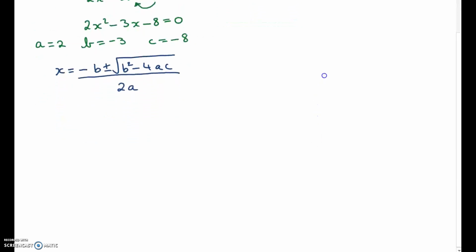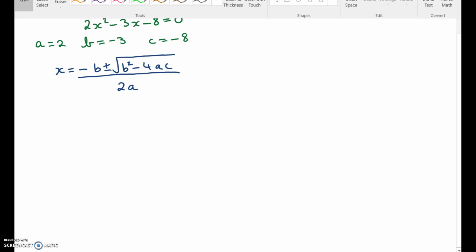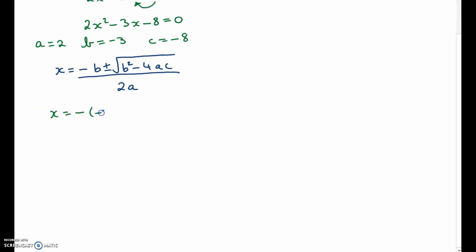Okay, so let's fill that in. It's going to be x is equal to minus negative 3, and this is why, when b has a negative sign, parentheses are so important. You'll get away without them if b is positive, but if b is negative, you absolutely need them. So it's going to be negative 3 squared, and the negative sign goes inside the parentheses here.